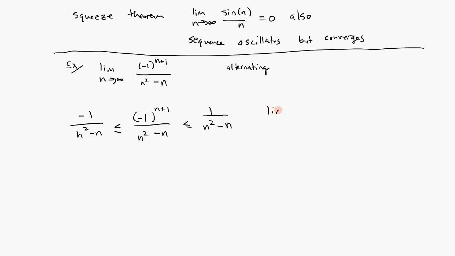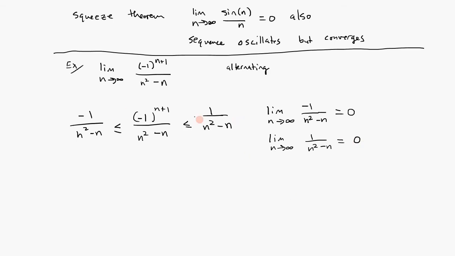So now the limit as n goes to infinity of minus 1 over n squared minus n. So again, the denominator gets bigger and bigger, so this goes to 0. And also the limit as n goes to infinity of 1 over n squared minus n. This is also equal to 0.